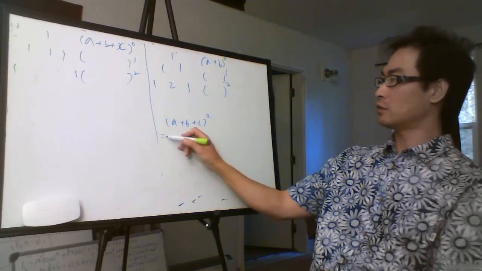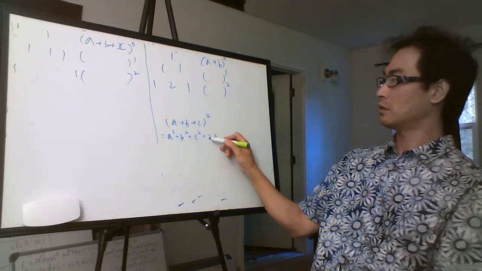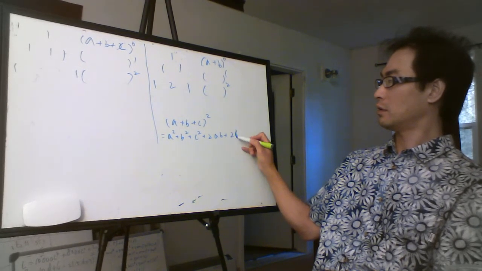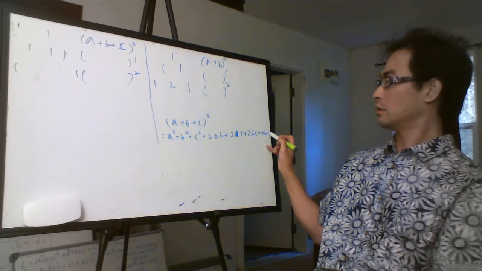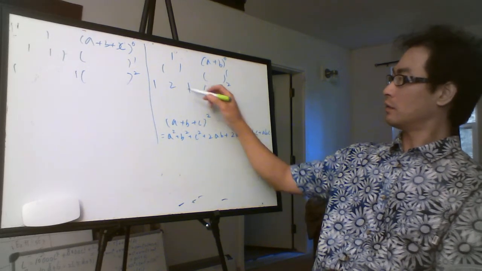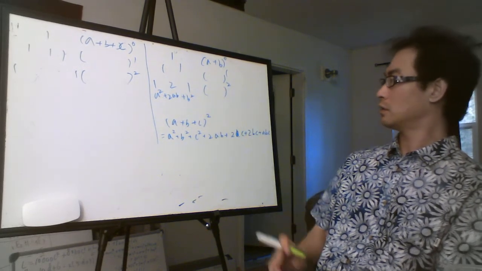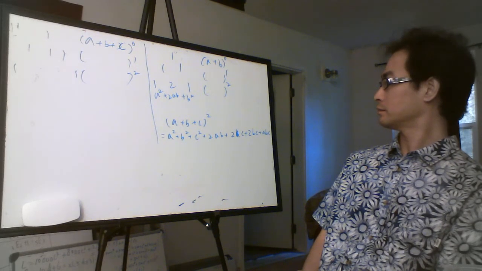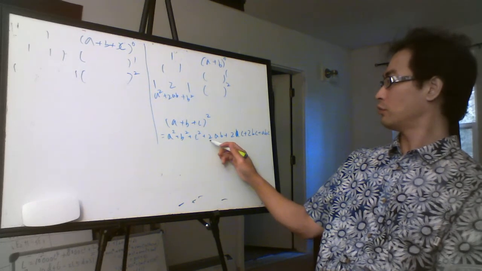squared, that is equal to a squared plus b squared plus... Here you have a squared plus 2ab plus b squared, right? Okay, so how many twos do we have? 1, 2, 3.